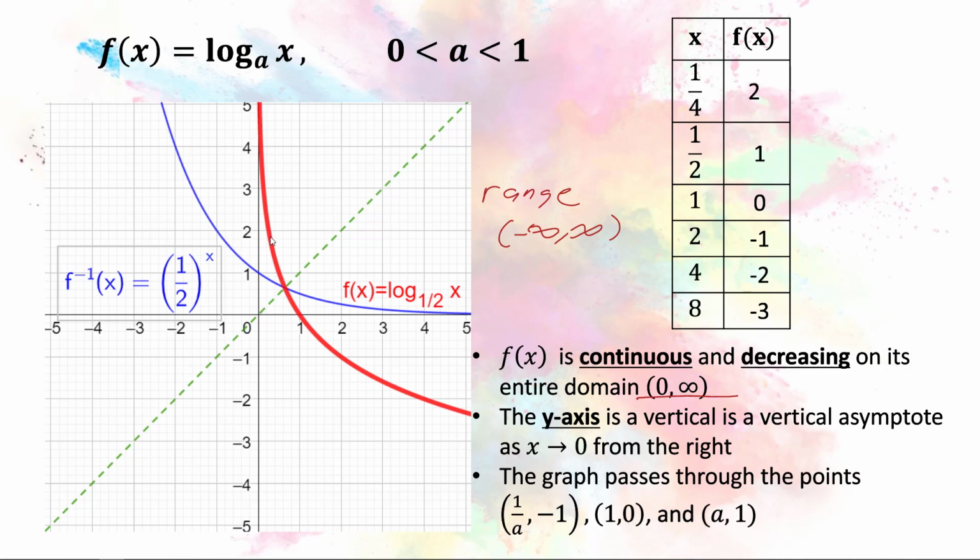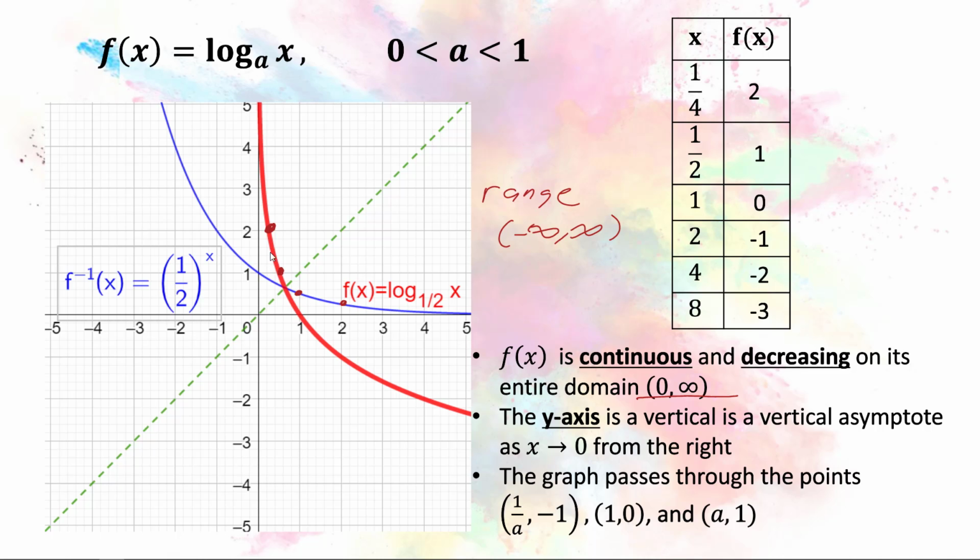Notice that (x, y) on this particular graph is going to be (y, x) on the other graph. So here we have (0.5, 1), and over here we have (1, 0.5).